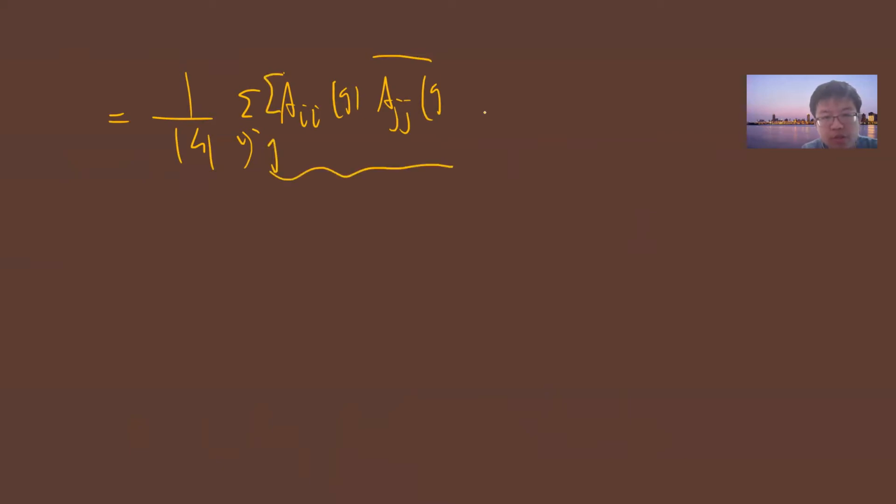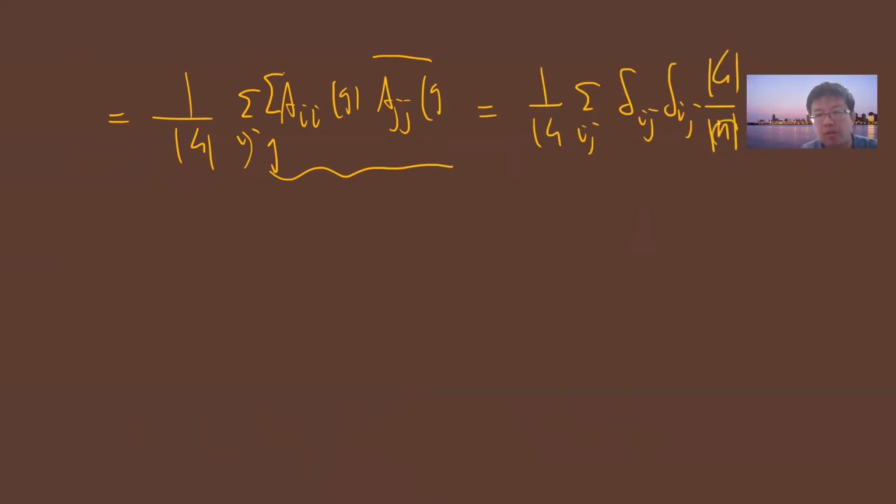By the orthogonality relation, this will be 1 over |G| delta_ij, and the |G| divided by N, where N is the dimension of the representation. So the |G| cancels, and you get delta_ij times 1 over N. Only when i equals j does it become 1.